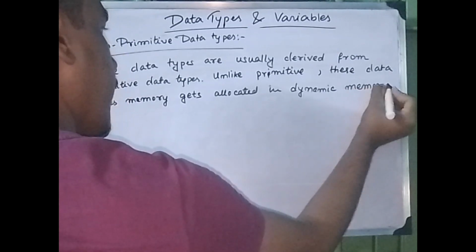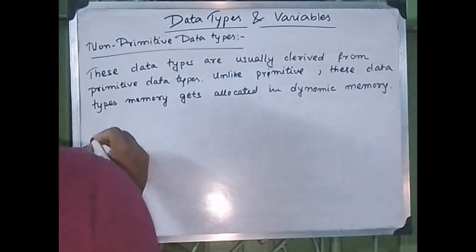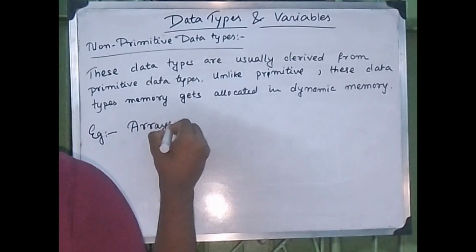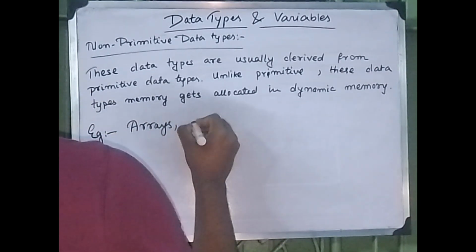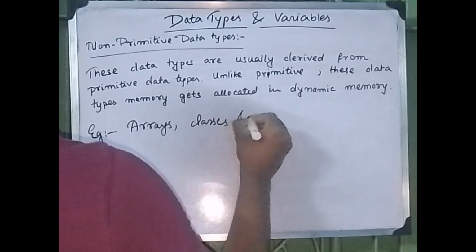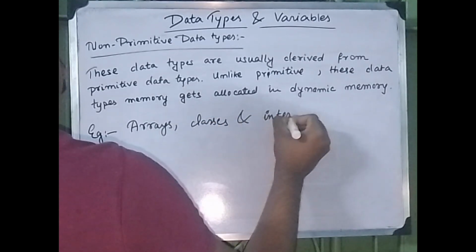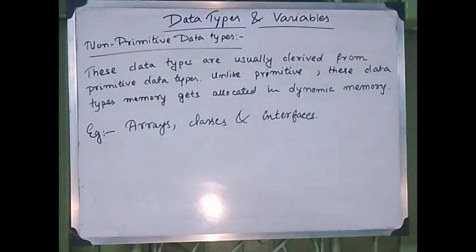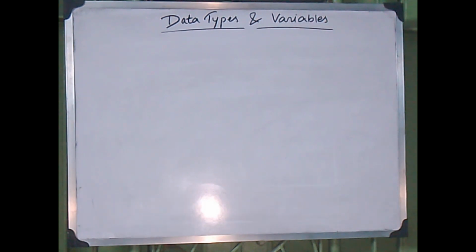We will explain these reference data types and their properties in detail in another video. Till then, I will show you an example where arrays, classes and interfaces are some of the reference or non-primitive data types.